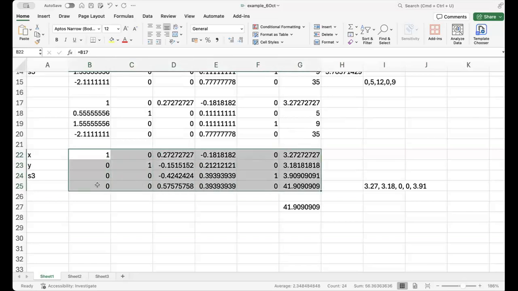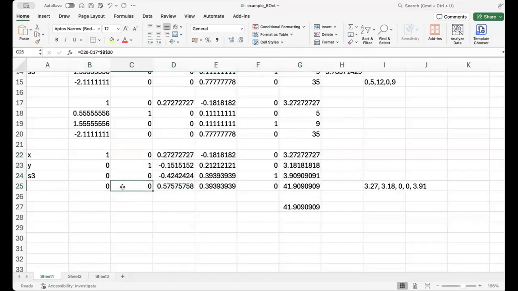In this table, you see that we cannot further decrease the objective function because we don't have a negative coefficient anymore, right? So that means this is the optimum point. Here our basic variables are x, y, and s3. x is this value, y is this value, s3 is this value.